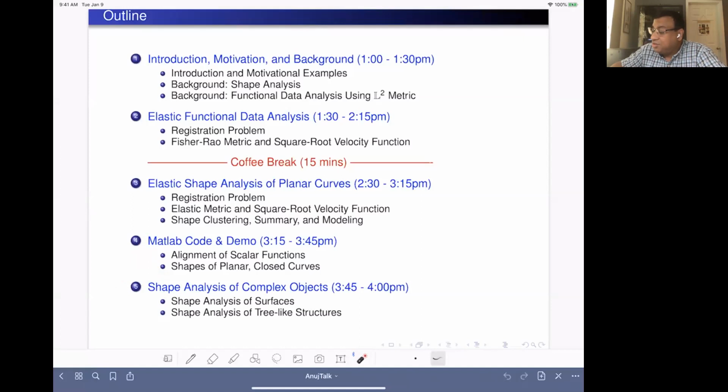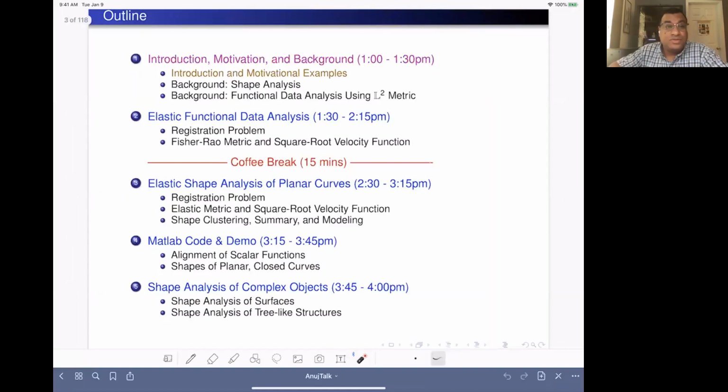I want to just wrap up in the end, time permitting, to discuss more complex objects. I want you to get excited about this area. I won't be able to go into great detail on all the latest complex data analysis one can do, but I'll give you some hints on what else can be done by talking about more complex objects.